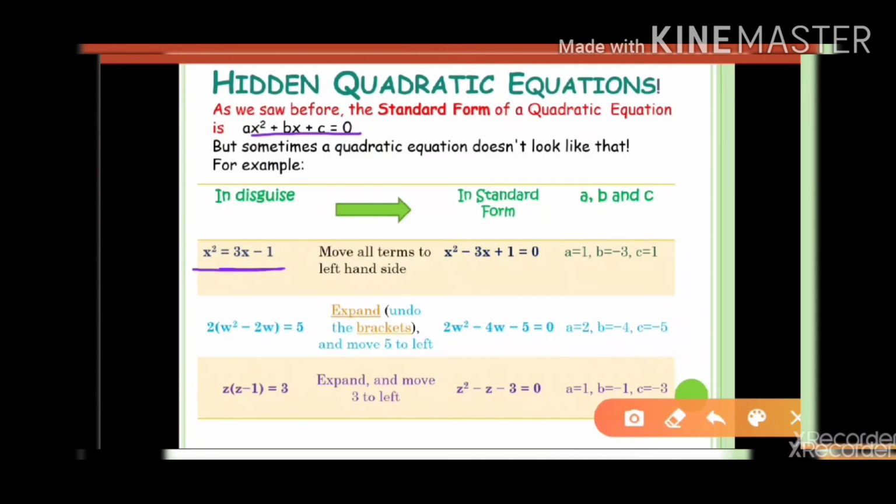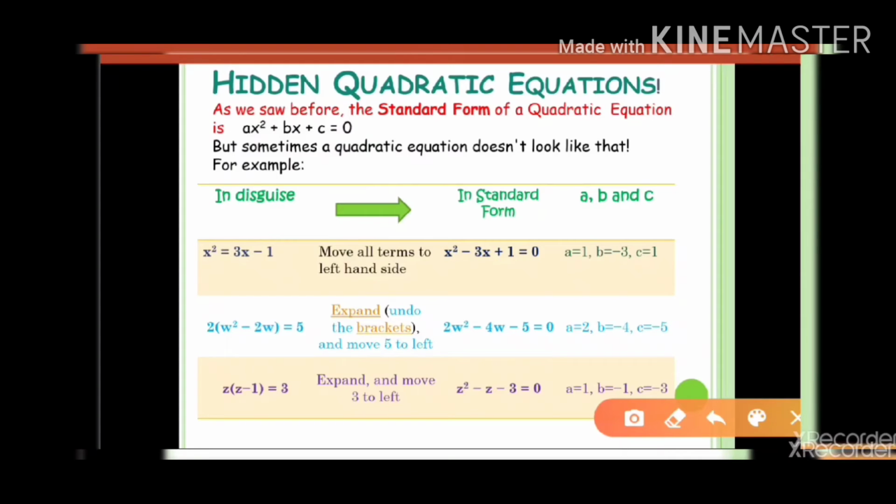When we transfer 3x minus 1 to the LHS, we can write this equation as x squared minus 3x plus 1 equal to 0. In this equation, a equal to 1, b equal to minus 3 and c equal to 1. All the values of a, b and c are real numbers and the degree of this equation is 2. Therefore, this equation is a quadratic equation.